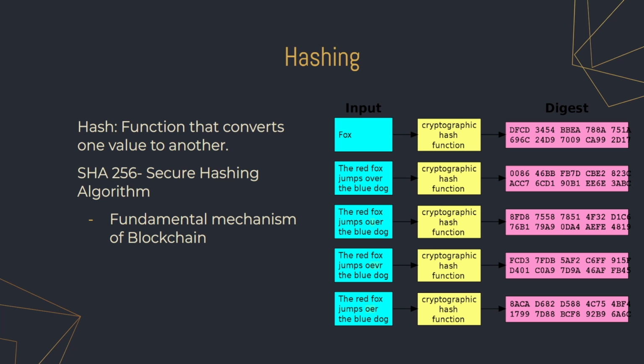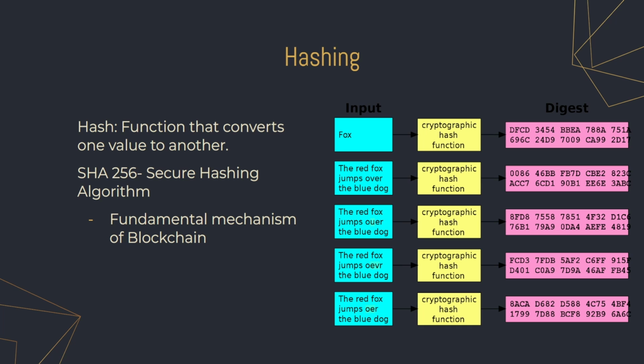A hash is the fingerprint of some digital data, and it's used for authentication. It will look like a bunch of numbers, but know that each character holds information. Regardless of the length of the information, you will get a hash of the same size. If we look at the picture on the right, let's say I put in the word fox. After the hash function runs, it gives us an output of that exact same size.